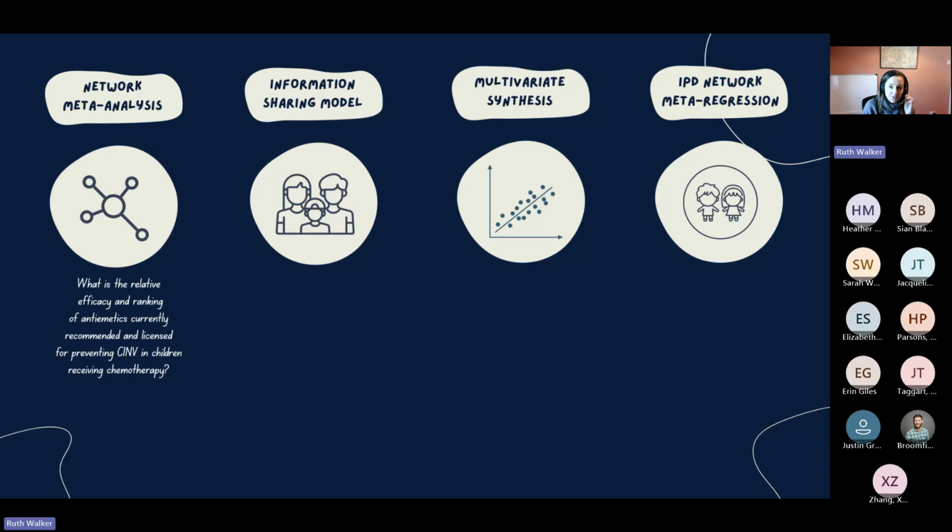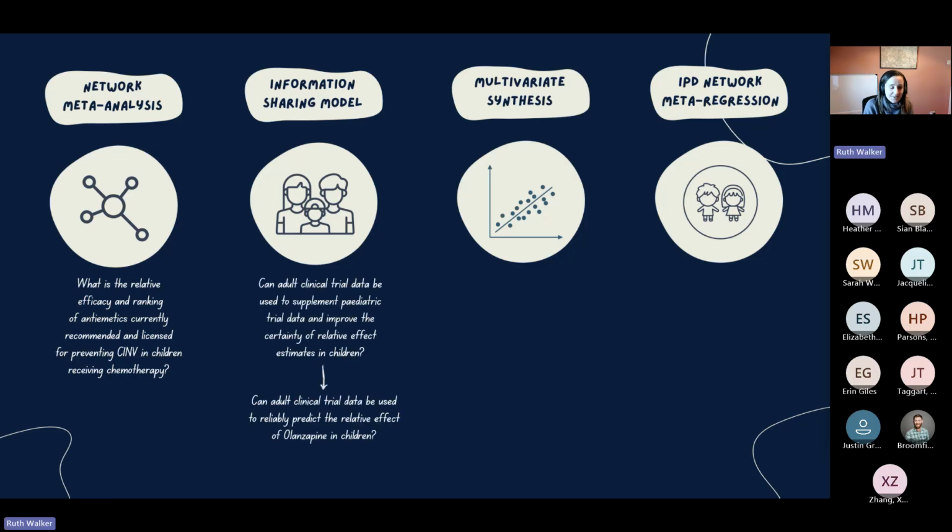Here we're able to compare each treatment to every other and make indirect comparisons between treatments that have not been compared directly in clinical trials. This has the advantage sometimes over meta-analysis estimates in terms of precision, because some comparisons can be informed by both direct and indirect evidence.